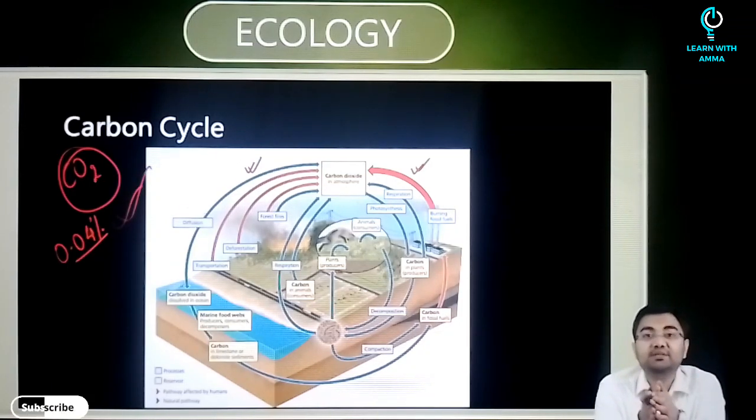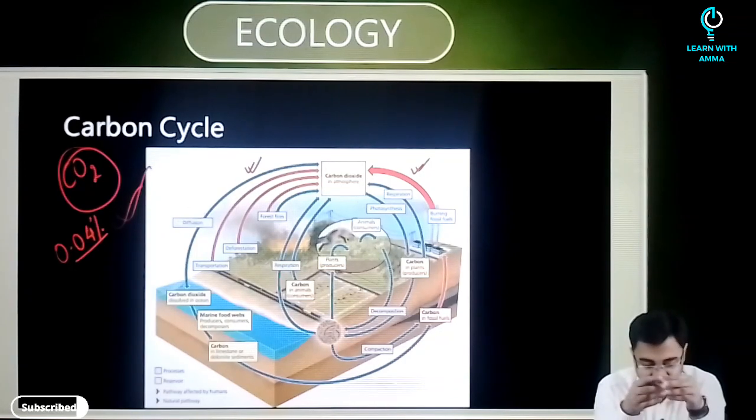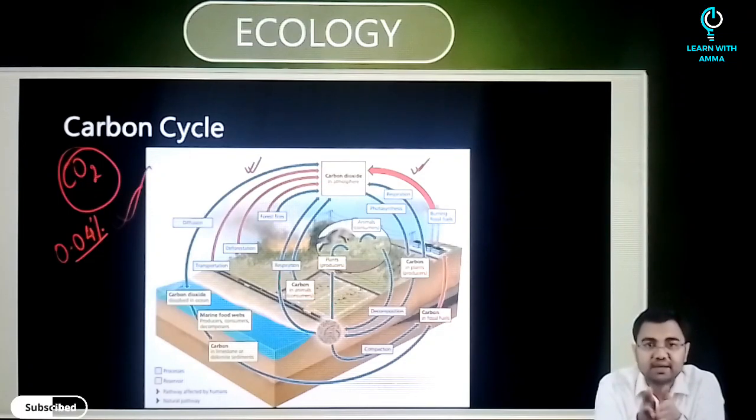Now carbon dioxide is a very key component of the atmosphere's thermostat. Why? Because if the carbon cycle removes too much carbon dioxide from the atmosphere, it will cool, and if it generates too much carbon dioxide, the atmosphere will get warmer.